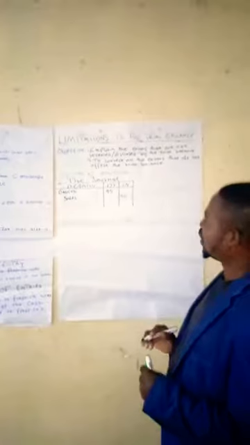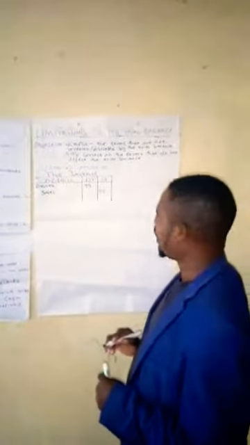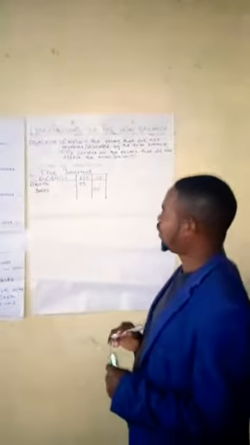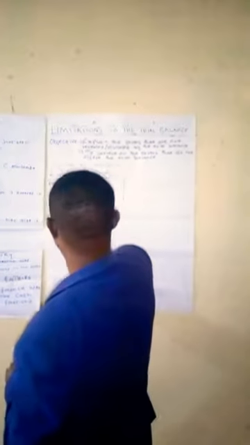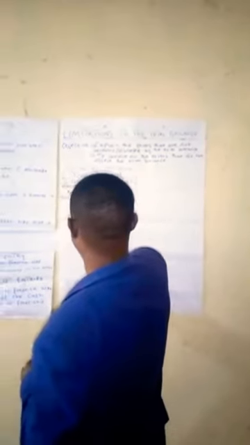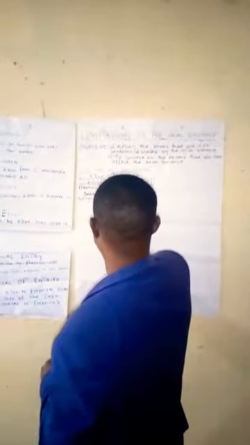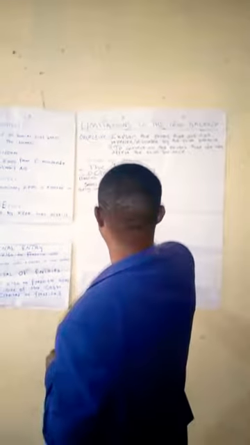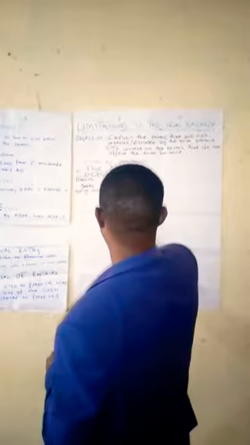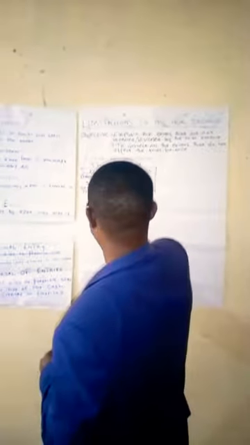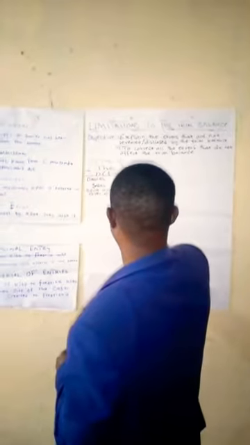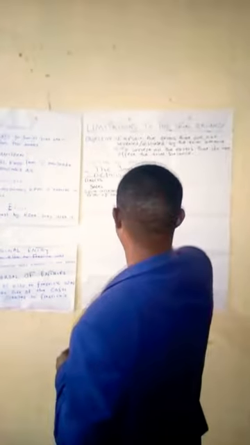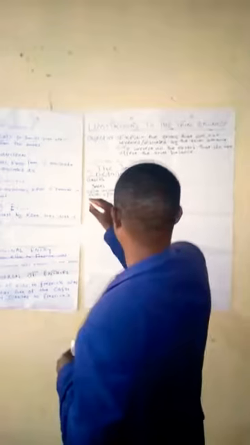Once you have done this, you should now make a narration. Okay? So the narration in this case would be: being correction of error of omission.